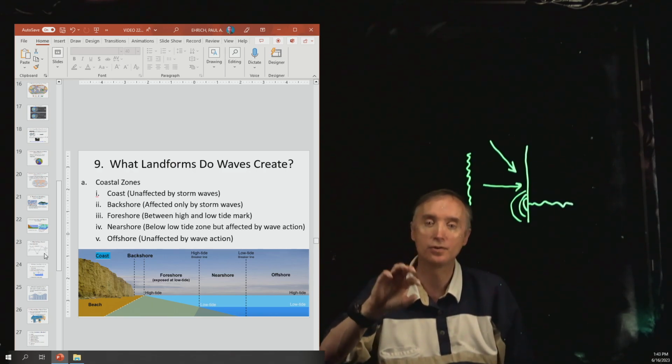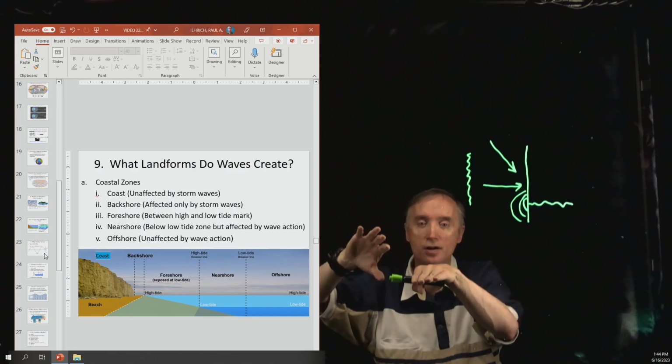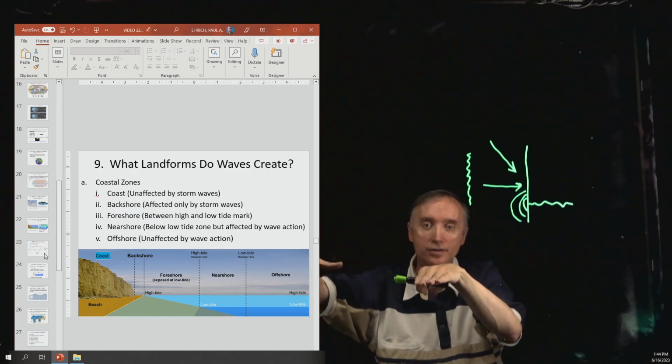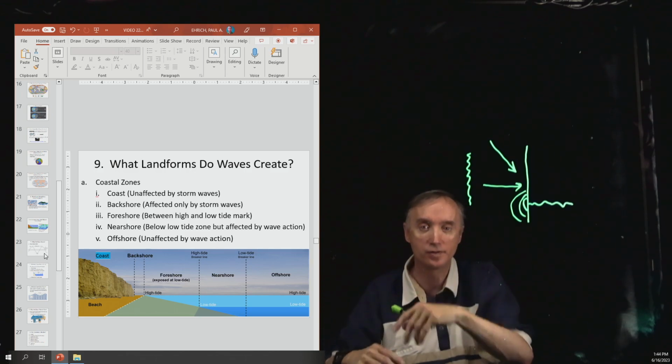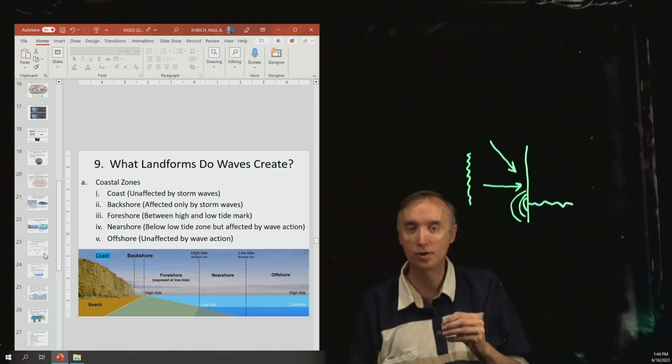That is where the water sloshes up onto the continent, but further inland than that is the coast, unaffected by the waves themselves. Then you've got the backshore, which is affected only by storm waves. This part of the beach is only affected when you have very severe storms that push a lot of water onto the land.